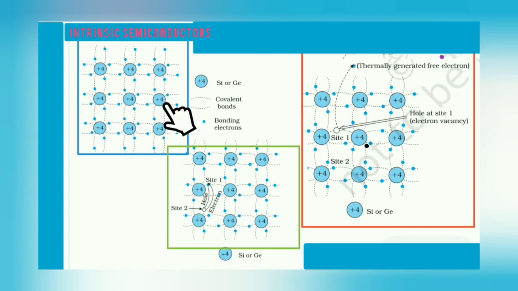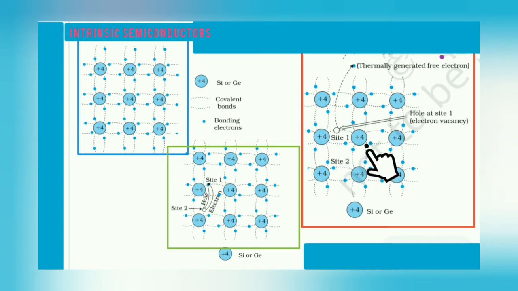What happens as the temperature increases? The thermally generated electron leaves this site, leaving a hole here. So this hole is at site 1, and the electron becomes free.